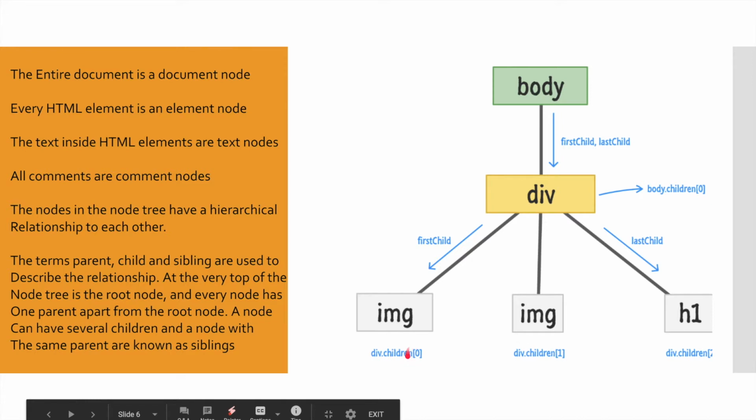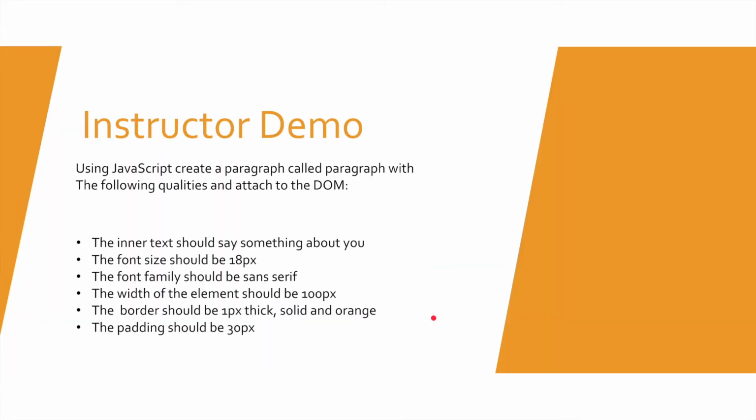Since we're able to traverse the DOM and get all the children of this div, we can access it as an array. And when we looked at arrays earlier, we know that to get the value of an array, we put in square brackets and then the index of that value, which is what we're doing here. So to get the first child is index 0, second child index 1, and the last child index 2 there.